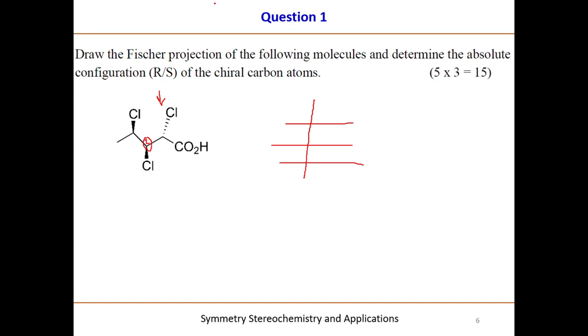So I will write here the CO2H group, acidic group, as it is, and then the CH3 group. Now you can see here Cl is on the back side of the plane, below the plane, that means it is on the left side, and hydrogen is present on the front side.